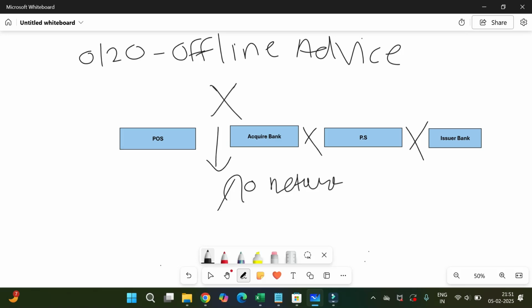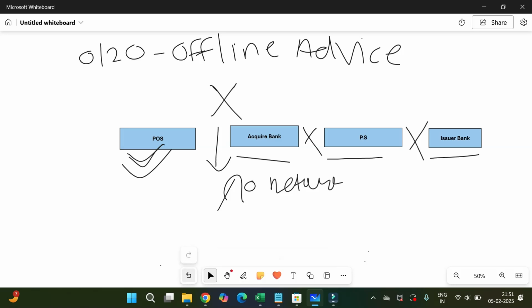So here you have the option to give cash, or a second option is that the transaction will be approved at the POS terminal. Obviously there is a limit to approve the transaction, but when your transaction is approved at the POS machine, your acquirer will not have information about that transaction. The payment scheme and issuer also will not have information about that transaction.